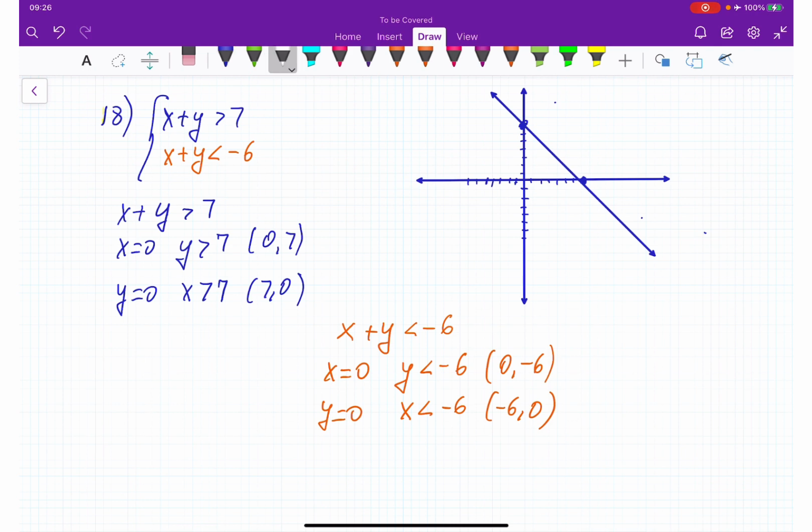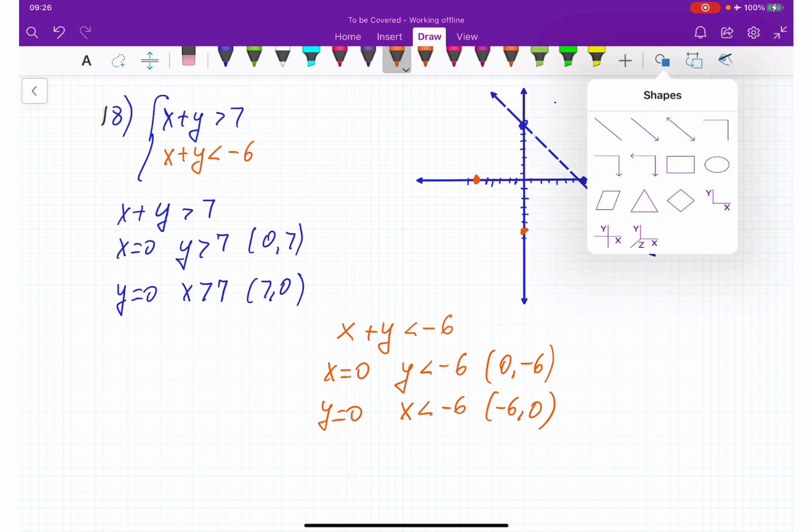All right, let me make it dashes. Okay, and now we need to build 0, negative 6, which is going to be this one, and negative 6.